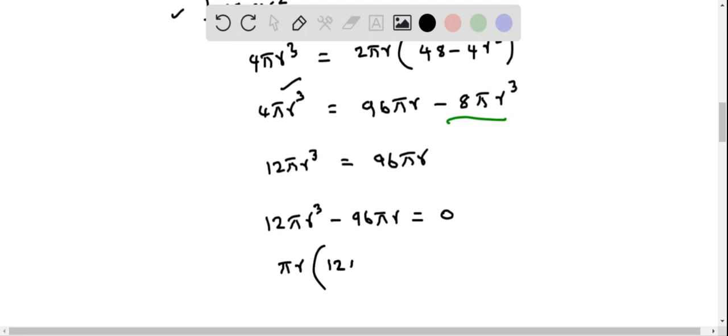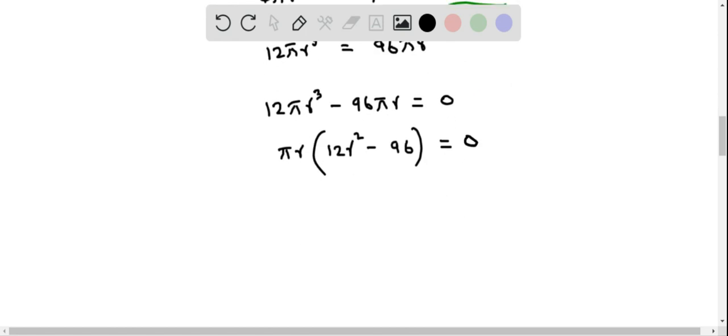Then I'll be left with 12 r squared minus 96, and this equals 0. We can set this up equal to 0: pi r equals 0. This gives r equal to 0. But this is not possible, so we can ignore this value of radius.